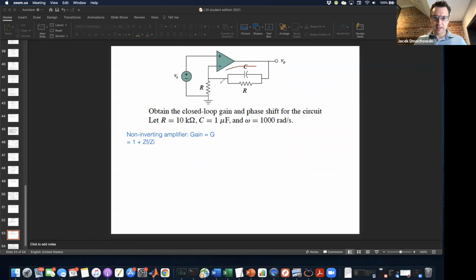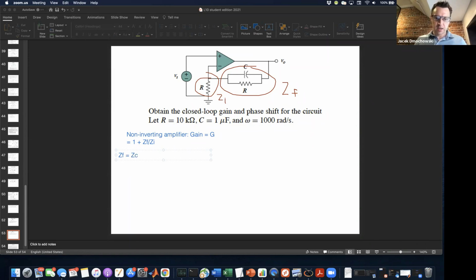So all of this is ZF. And this is ZI. So we need to divide the total impedance of this parallel branch by this one and add 1.